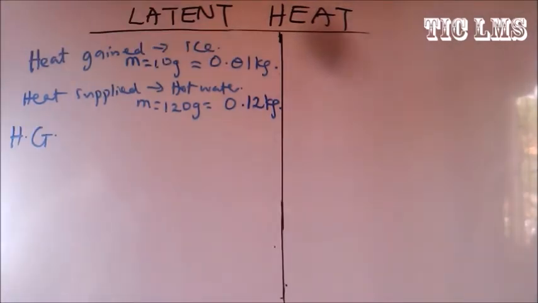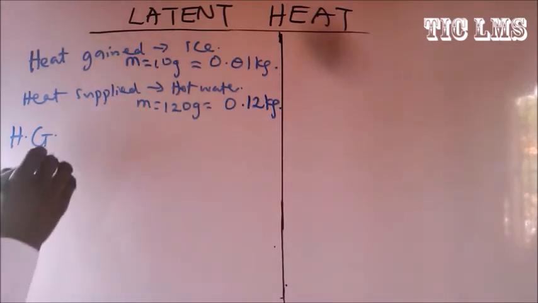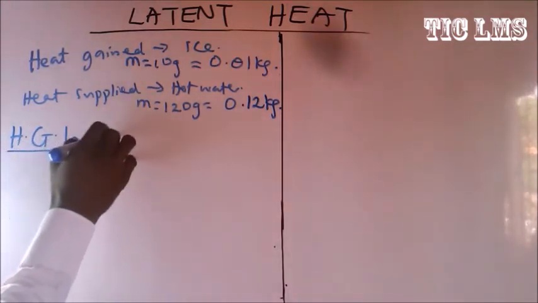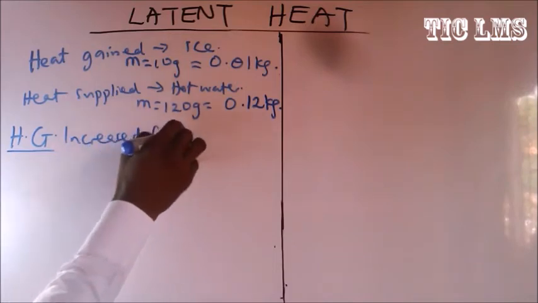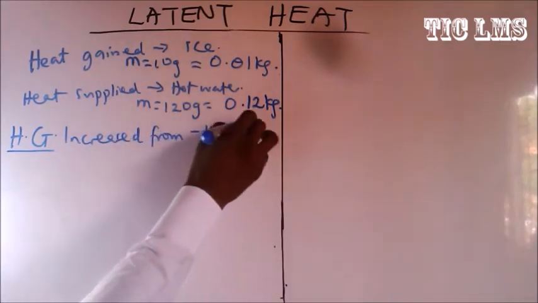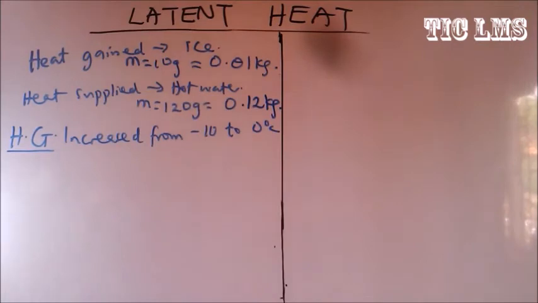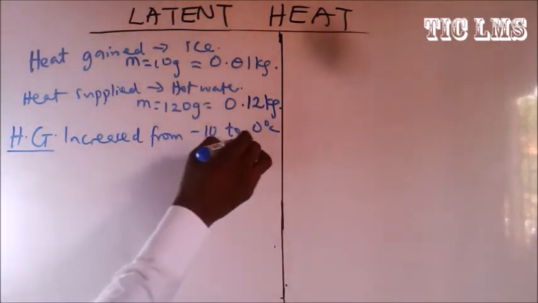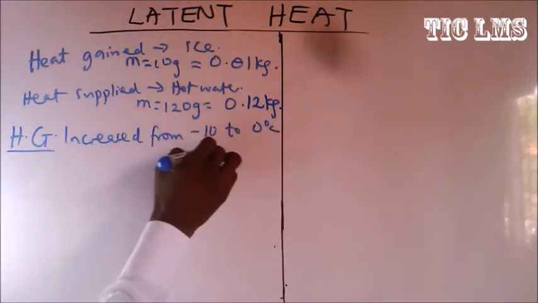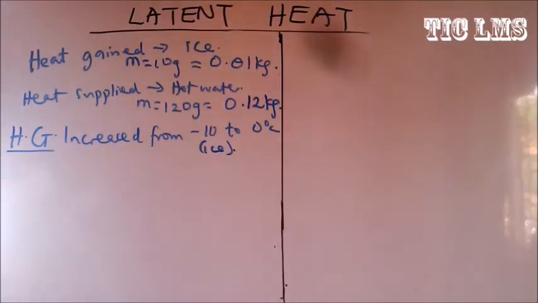Now, for the heat gained, there are 3 stages of heat gain. So we want to analyze the heat gained. Now the first thing is that the ice increased from minus 10 to 0 degrees Celsius. Here it is still in the ice stage, and this increase is as a result of the hot water.